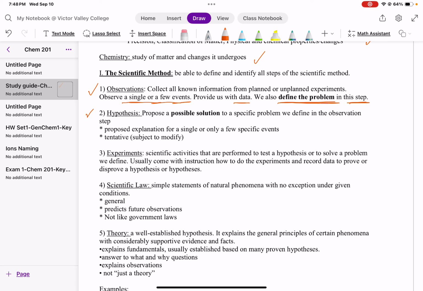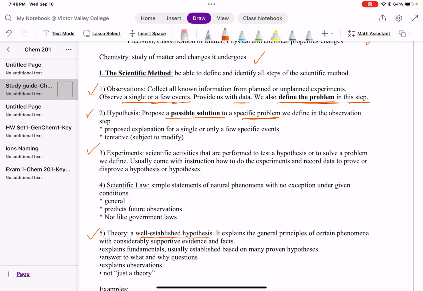We propose possible solutions for the specific problems, and then we try to prove or disprove them by running experiments. If we prove a hypothesis many times, it becomes a well-established hypothesis.